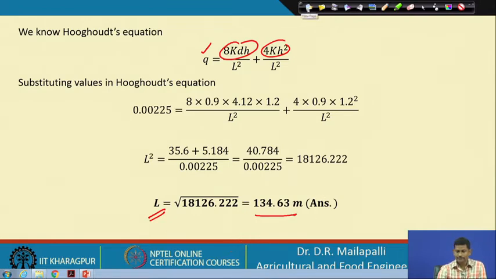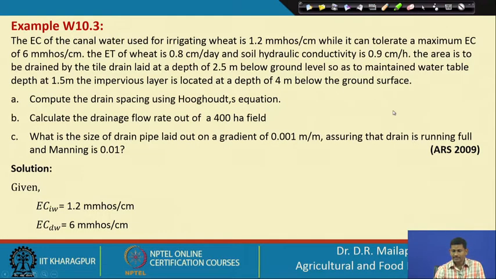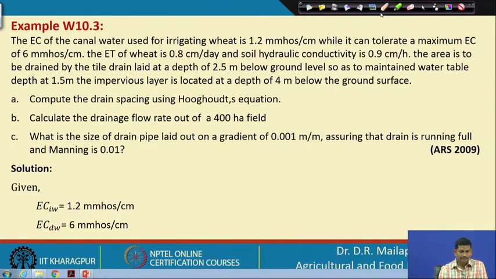Okay. So, this is almost similar to the previous problem. The only thing is q needs to be determined based on the irrigation efficiency, the gross water requirement, and also the irrigation interval. Okay. And then example 3 here.